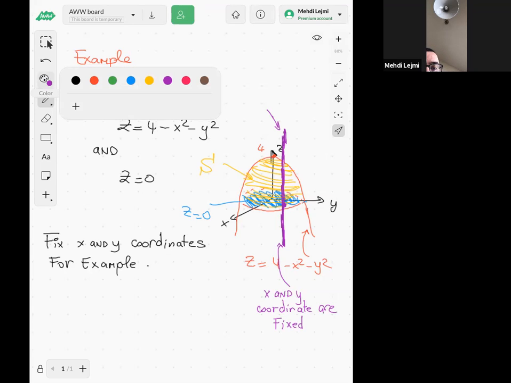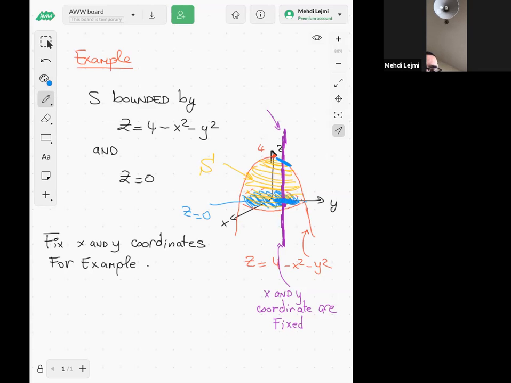Once you take a vertical line, you can see that for your solid S, you have these bounds. It's bounded by the paraboloid here, and it's bounded by the xy plane.